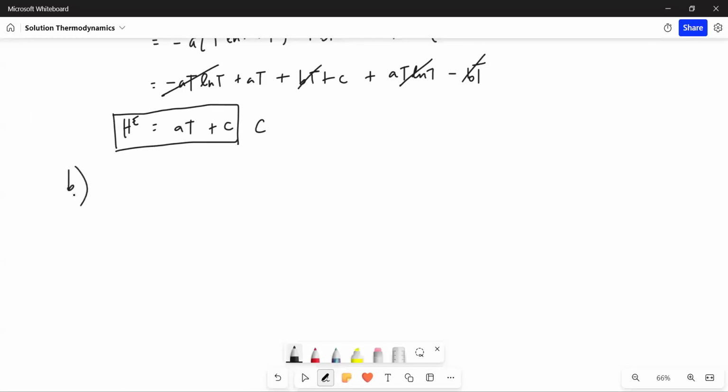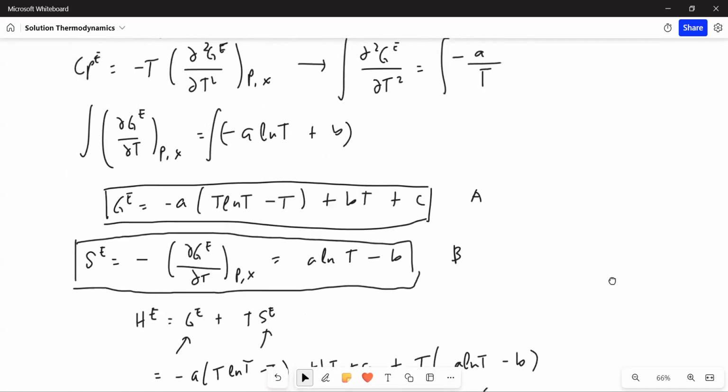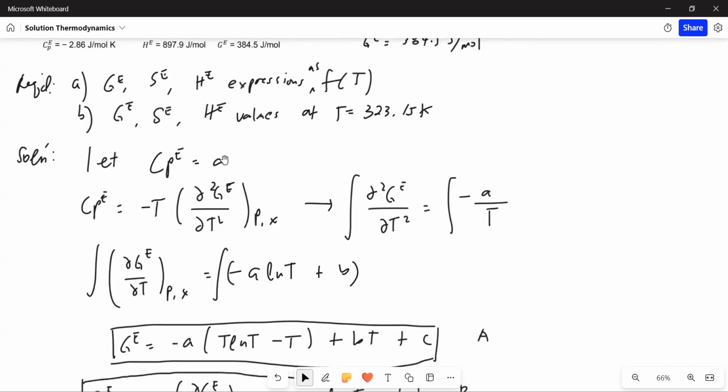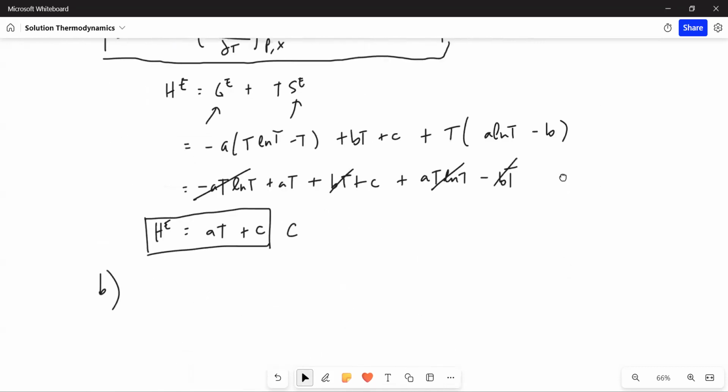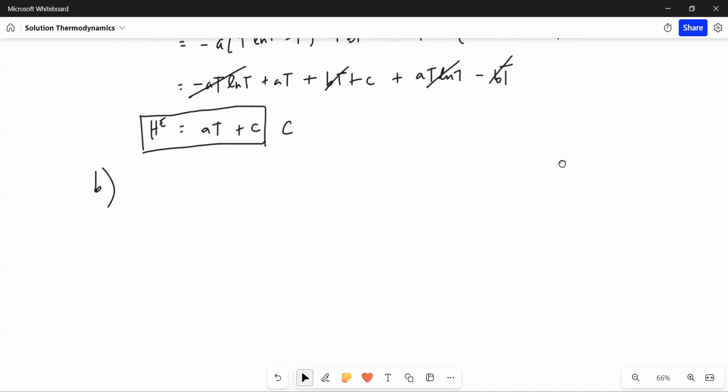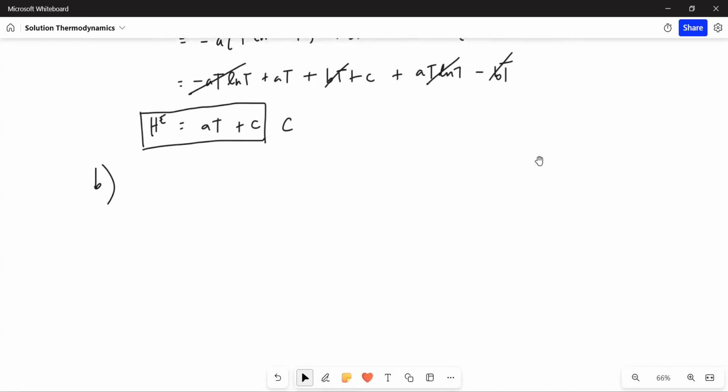Okay, so we solve letter B, which is to get the actual values, but we have a problem. We have integration constants. Supposedly we're going to use these equations, but the problem is that we have integration constants B and C. With regards to A, this is just CPE, which we let A be equal to earlier.